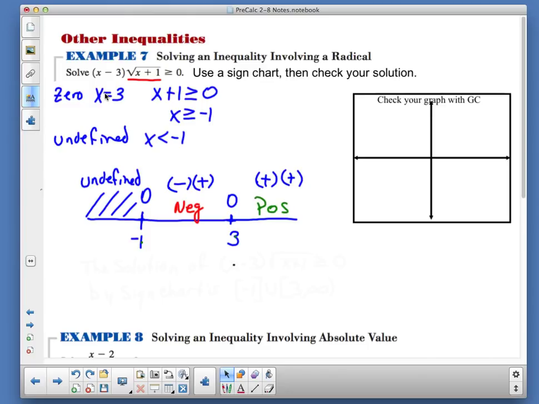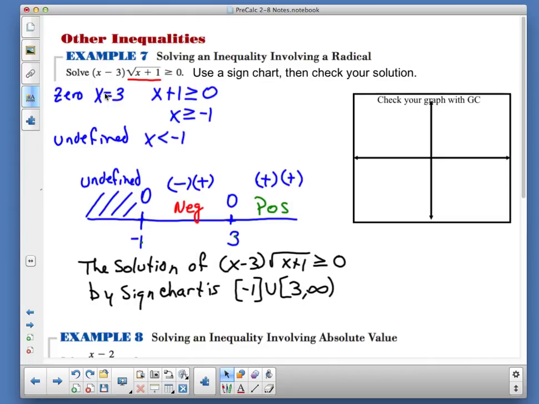Now, they're asking me when is all that going to be greater than 0? Well, it's greater than 0 from 3 to infinity. So by sign chart, I have negative 1 and from 3 to infinity. So I got to remember, I got to include my negative 1, which is also a 0. And then I go from 3 to infinity.